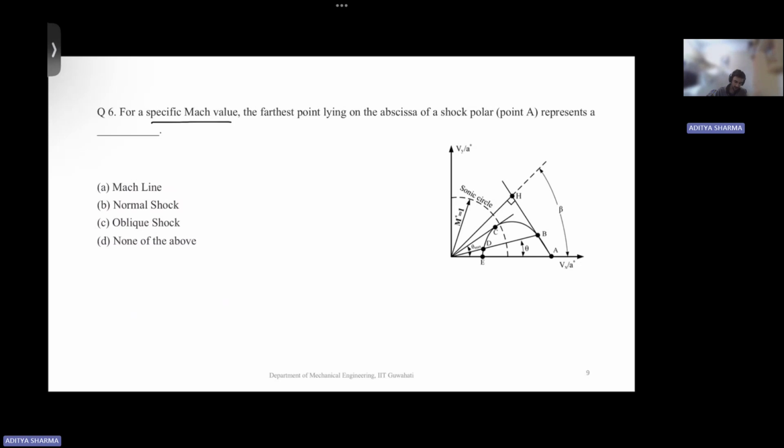So for a specific Mach value, the farthest point lying on the abscissa of shock polar represents a dash.